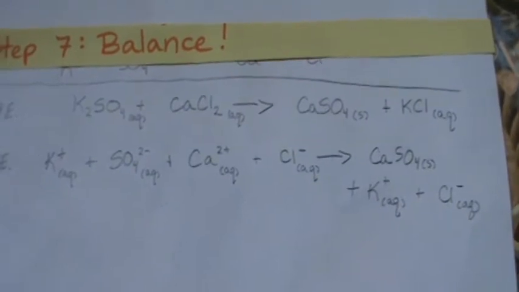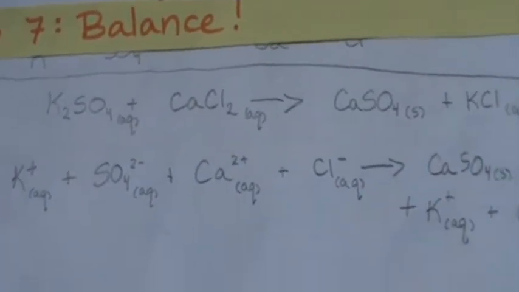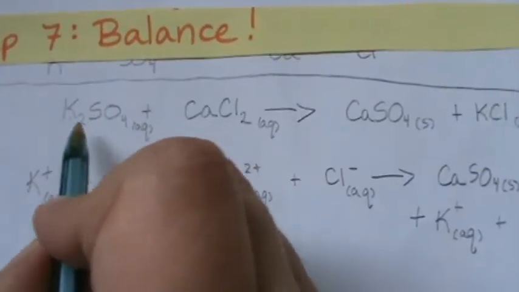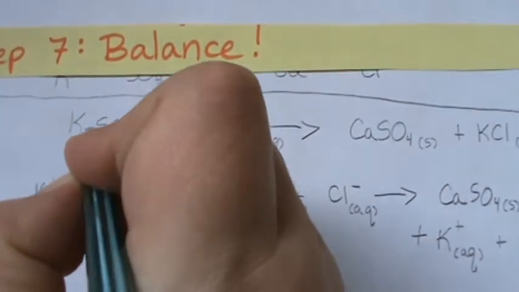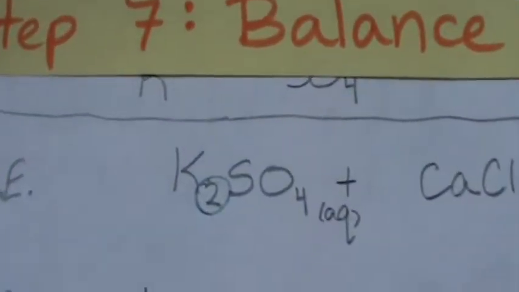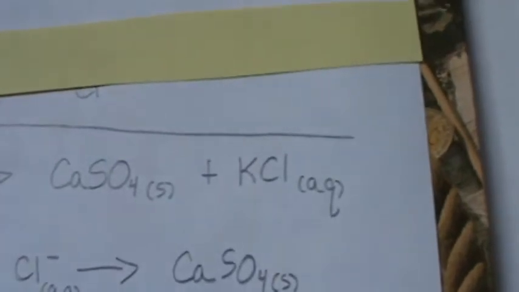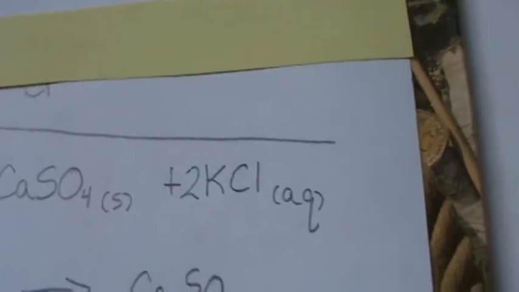Okay, so when I look at my molecular equation, I notice that I have 2 potassiums here. And I'm going to need 2 potassiums here. So I will just put a number 2 in front of my potassium there.